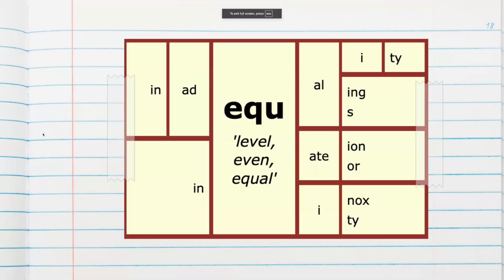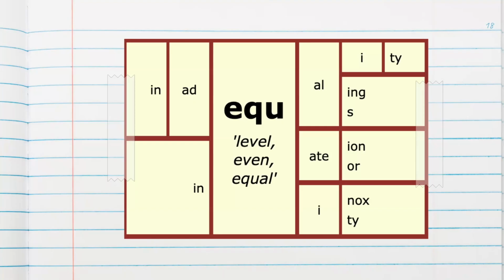The word adequate, the word equity, the word equinox, equator, all are part of the same family where EQU is the base, meaning level, even, or equal.